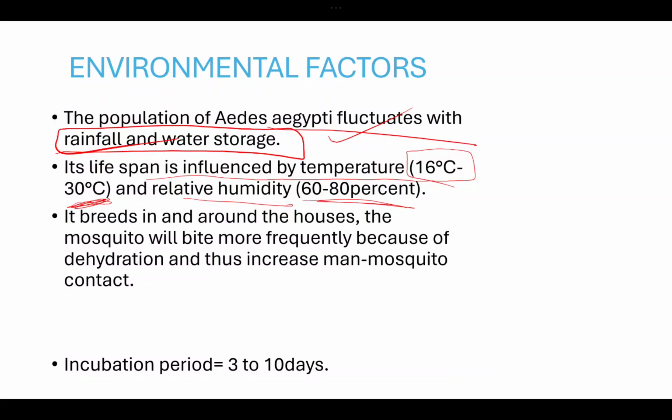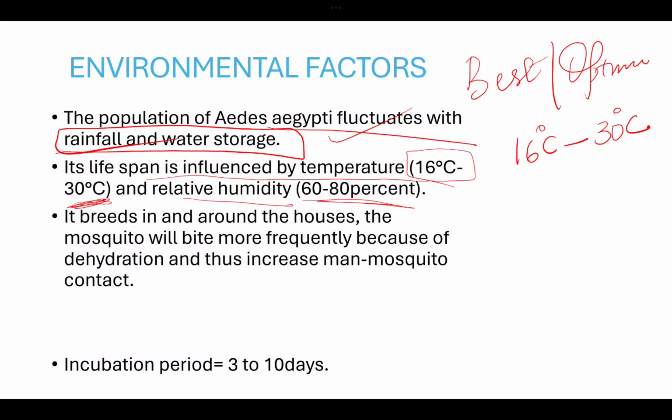It will survive best at the optimum temperature of 16 to 30 degrees Celsius and humidity of 60 to 80%. What does this mosquito do? It breeds in containers in and around the houses, and being a domestic breeder, it will breed very easily there.